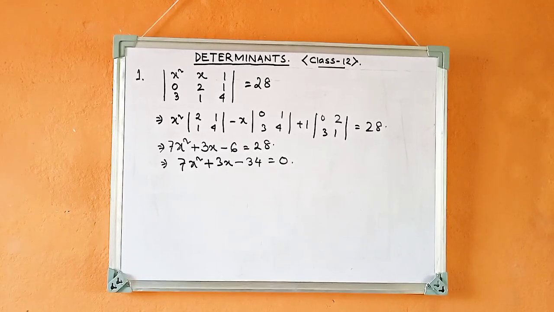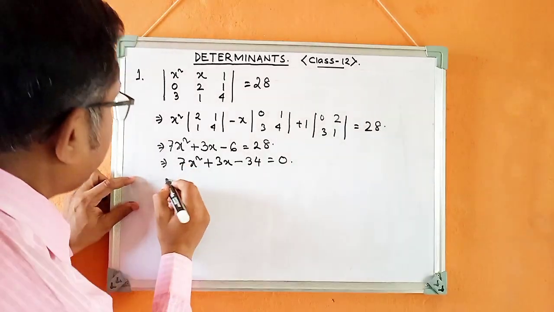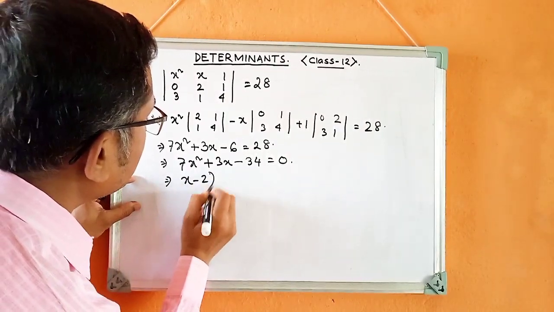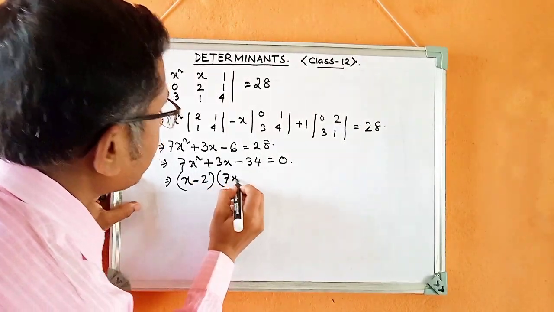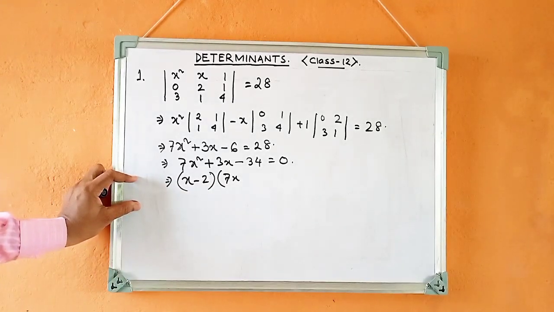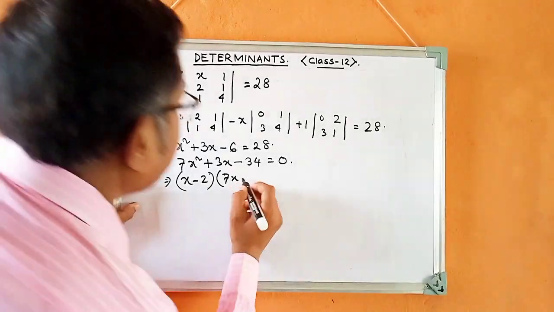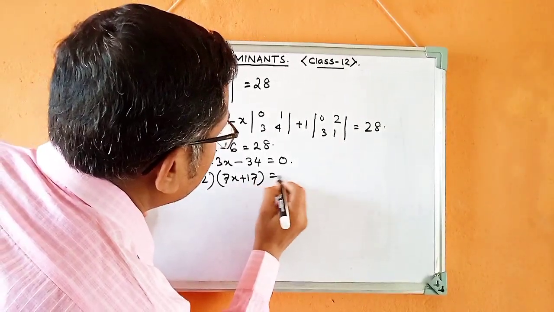By using middle term factorization, we get (x minus 2)(7x plus 17) equals 0.